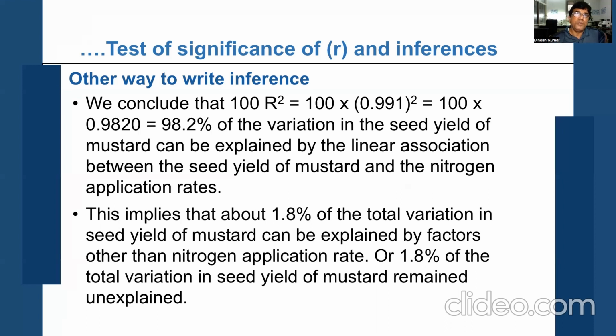It means 98.2% of the variability is explained by nitrogen, by the linear relationship between X and Y, but the remaining cannot be represented by a linear function. Or, 1.8% of the total variation in seed yield of mustard remains unexplained.